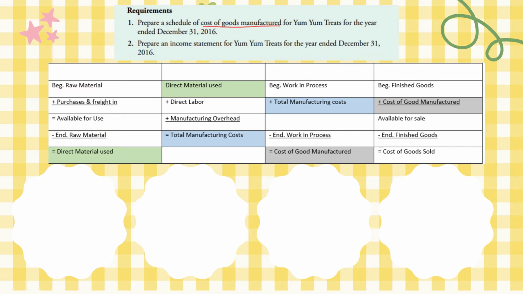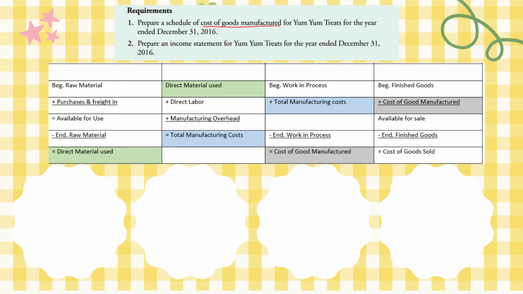Okay? So, as you can see in this slide, I cannot see the numbers, but you need to print the file and you can see the link down in the description area. So let's start with beginning work in process.